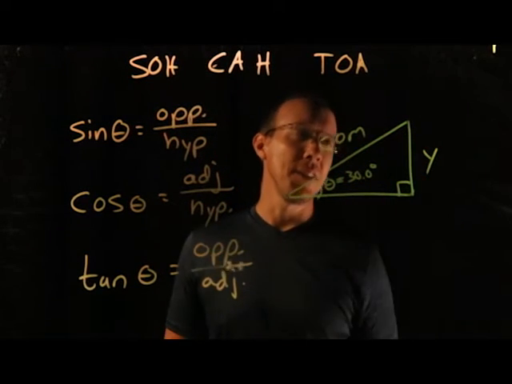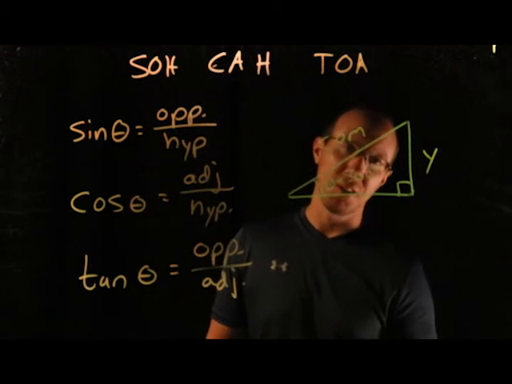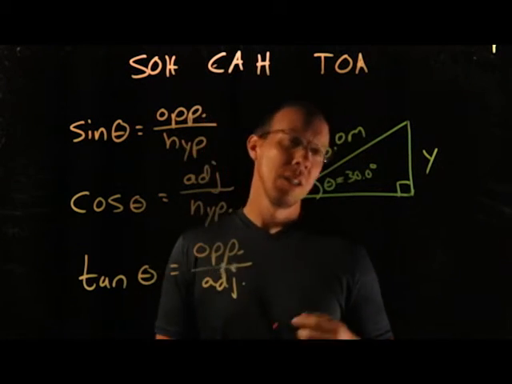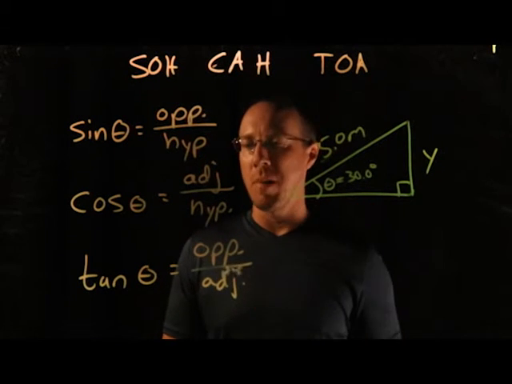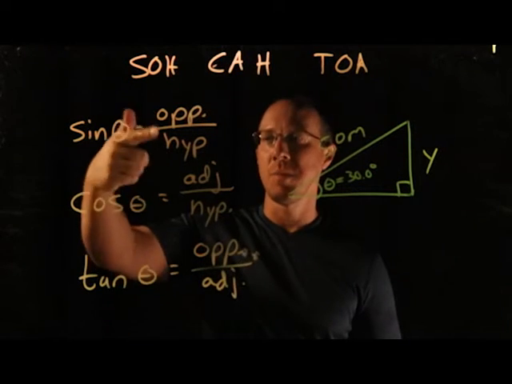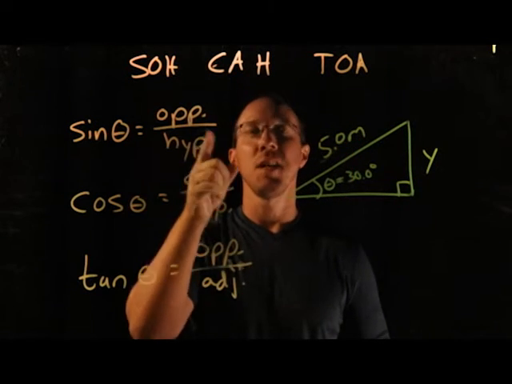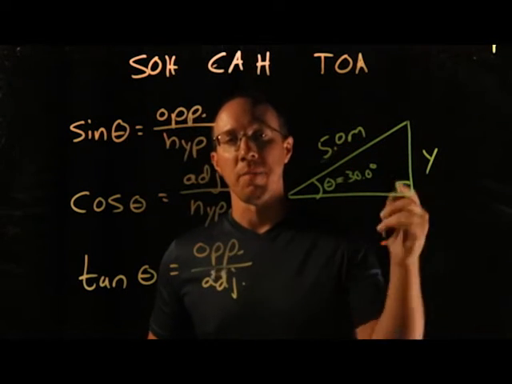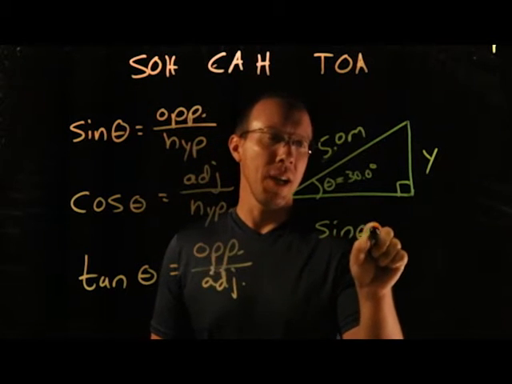And let's say I want to find this side. I call it y because it's the y direction. I call this down here x because it's the x direction. Let's say I want to find y. All right, so we have our angle, that's theta. We have our hypotenuse, that's great. You know what that means? Can't be tangent. Has to be one of these two. If we're solving for y, then that's the opposite. It's opposite of y. So we have sine of our angle.